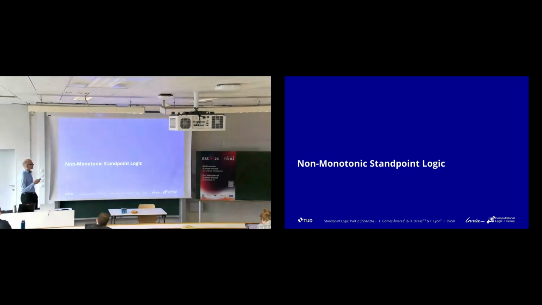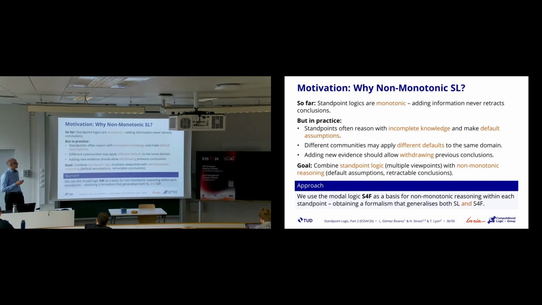So one additional thing I wanted to show are non-monotonic standpoint logics. That's something that a student of mine and I have been doing. The idea there is to not only allow standpointifying monotonic based logics like description logics or classical logics, but also adding standpoints to non-monotonic languages. What does that mean?